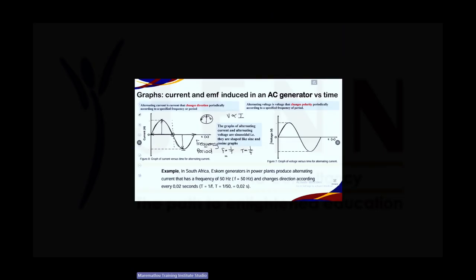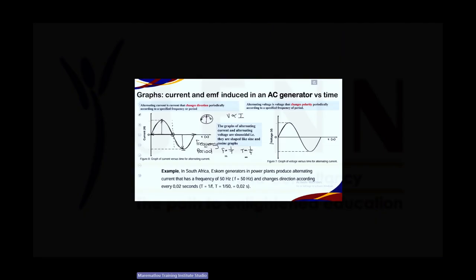We see here that in South Africa, Eskom generators in the power plants produce alternating current that has a frequency of 50 hertz, which means I can calculate the period. Remember, the definition of period is the time it takes for one wavelength to be completed.